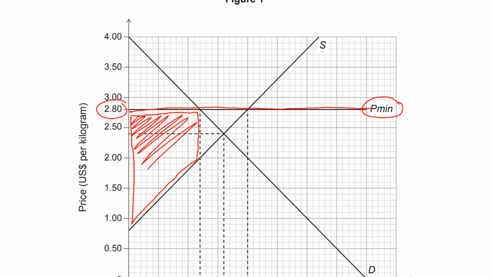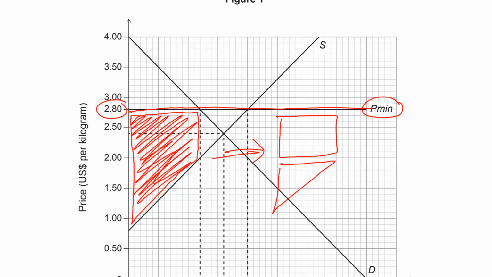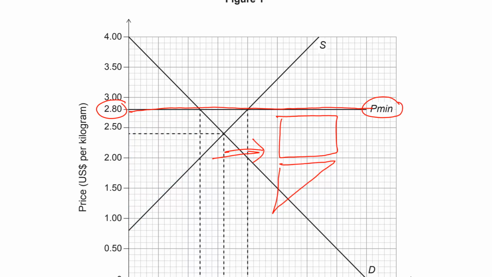It's not a triangle. It's going to be made up of these two slices, this bit and this other bit. You can see diagrammatically we have that rectangle and we have that triangle. To figure out the rectangle bit is pretty easy. It's just base times height.